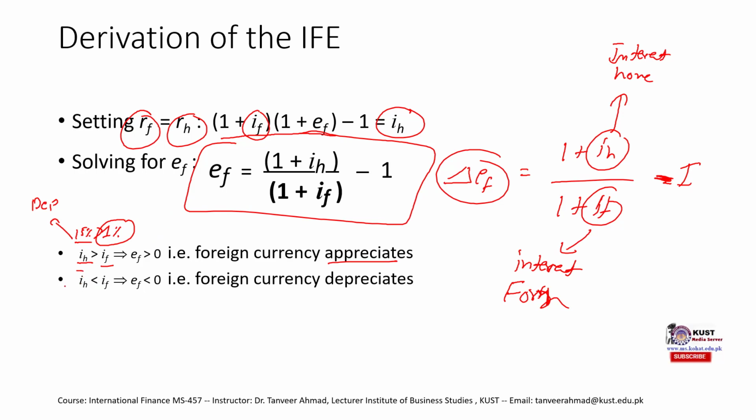Okay, so if the home country's interest rate is less than the foreign country's interest rate, then the foreign currency would depreciate. The simple rule is, the country with higher interest, its currency would depreciate. The currency with lower interest would appreciate.